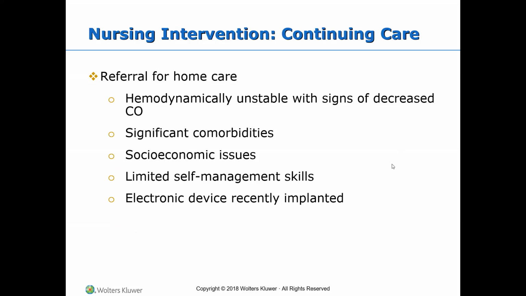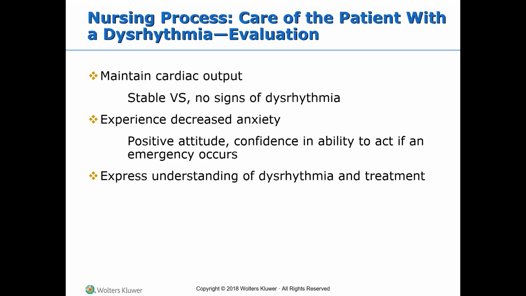And then referral for home care: hemodynamically unstable with signs of decreased oxygen, significant comorbidities, socioeconomic issues, limited self-management skills, and an electronic device recently implanted. So these are just some reasons to refer a patient to home care.